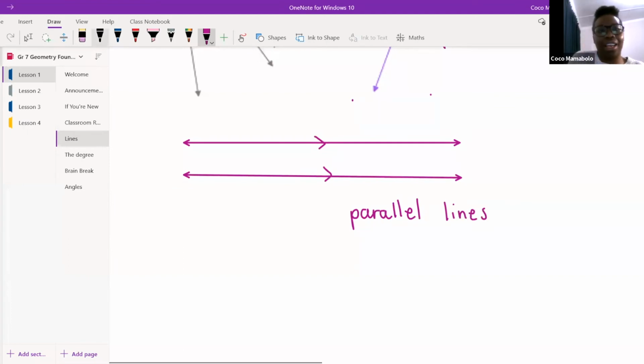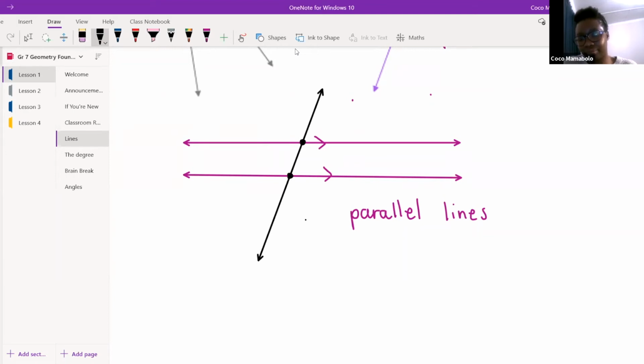Okay, now if I choose to take another line and draw it through these two lines like that, do you see how this line that I just drew intersects with that line, and it also intersects with this line? Yes, ma'am. What do I call this line that intersects with the both of them? Inversal line.